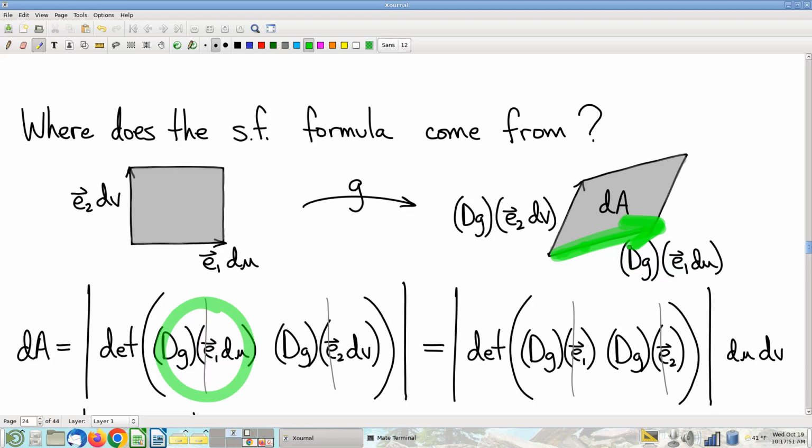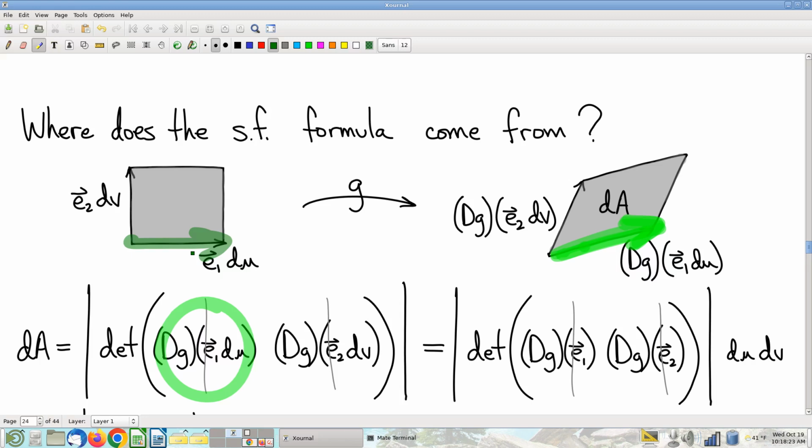So this edge of this parallelogram is the image of this edge over here on this side. And these are vectors. You can in fact think of this edge as representing a change in the input to G, and correspondingly its image as being the corresponding output change of G.